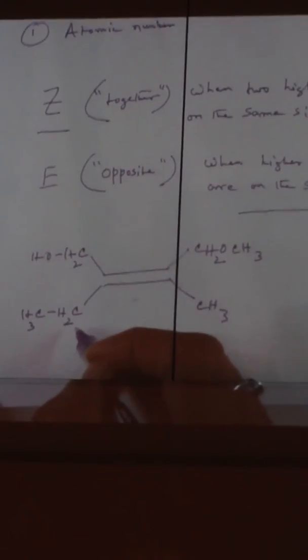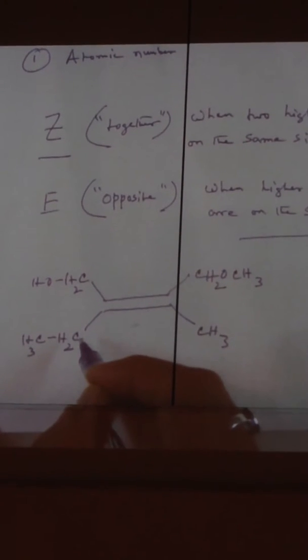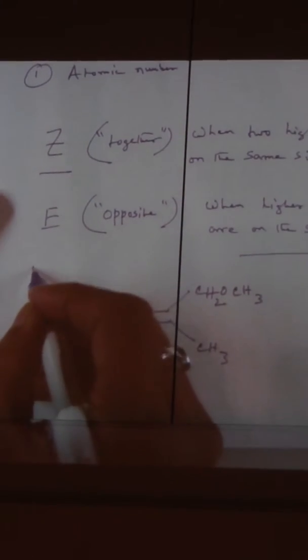In both cases, they're connected to a carbon, right? And they're also connected to two hydrogens. So the way we establish the priority is that we rewrite this. Let's say the C is attached to an oxygen here, and then you have two hydrogens attached.